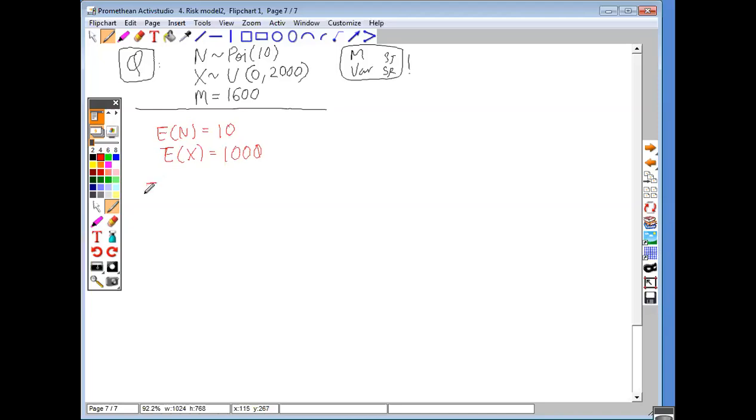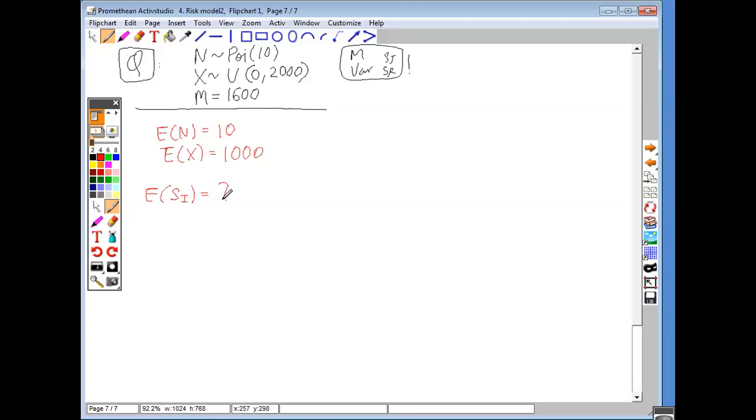Now I have to figure out my expectation of SI. You guys do know that the expectation of a uniform distribution is just half of 0 plus 2000. So it will just be 2000 upon 2, so it's 1000. And that's how you get that 1000 there.